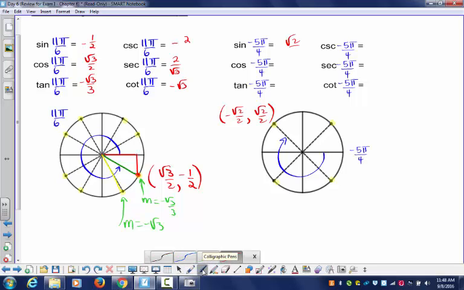So once again, alphabetical order, cosine, comma, sine. We're on a unit circle. Cosine is negative root 2 over 2. How about tangent? Negative 1, it's the slope of the terminal ray. Negative 1. And then we'll reciprocate these guys. We get that.